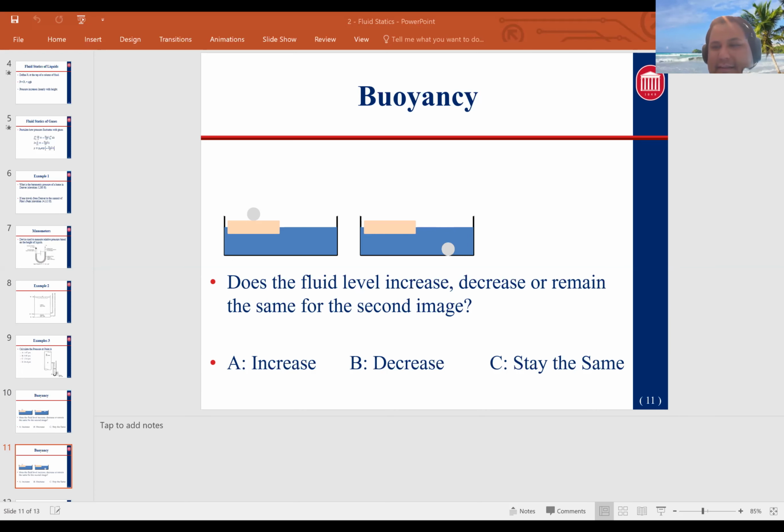Same raft, now the raft's in the water. So in both instances, both objects float. And Archimedes' law states, and I probably spelled that wrong, so I have to go double check on how I usually spell it right.